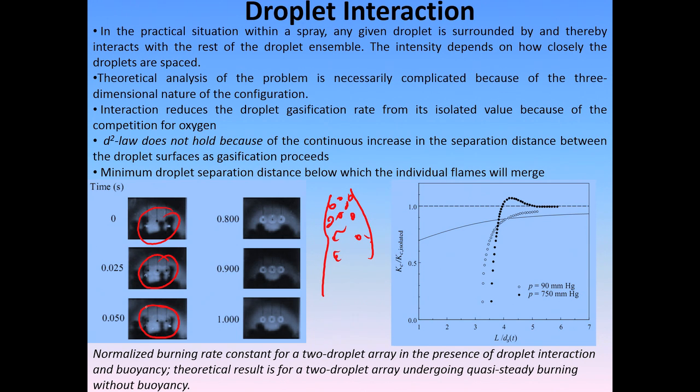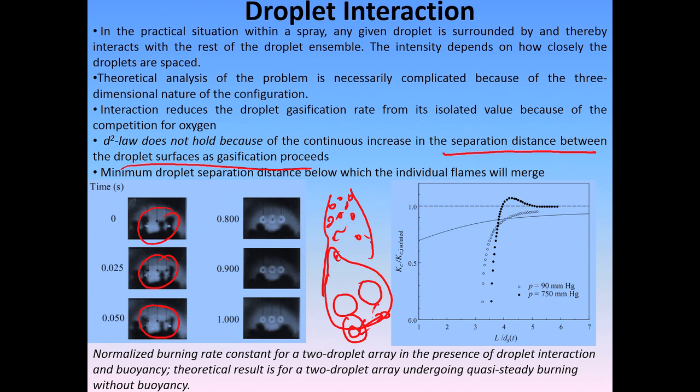Now, obviously this problem is very complicated because it is 3D, the spacing between the droplets matters a lot, and the d square law does not hold here because the separation distance between the droplet surfaces increases as the droplet regresses. If you have two droplets burning very close to each other, you may have a common flame which enshrouds the two, but as time goes on these two droplets become smaller and their separation distance has increased.